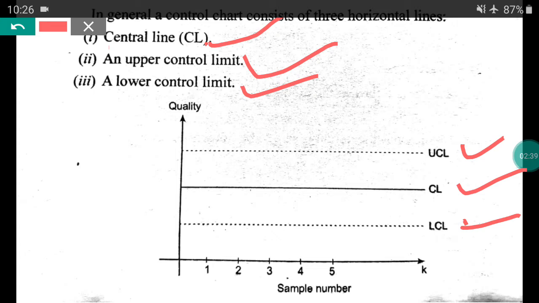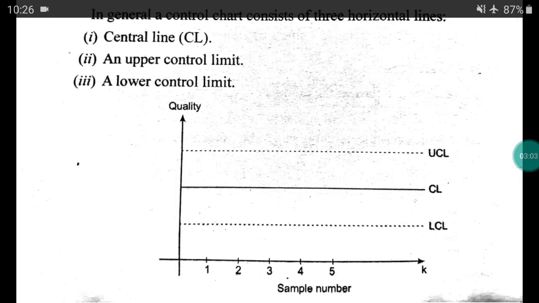Now the upper control limit is always above the CL, the central line, and LCL is always below the CL. You should remember these: the upper control limit, central line and lower control limit. After that, how do we find whether your process is out of control or within control?